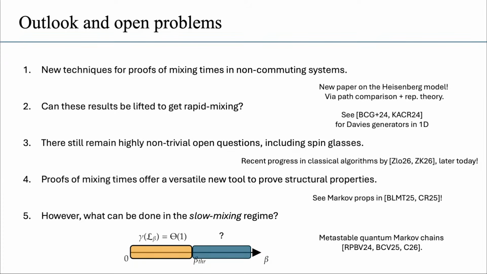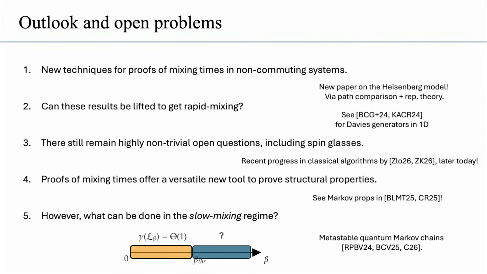The example of which we saw today was the decay of correlations in 1D systems, which had been open for a while. But also, Anthony and Ewan have some very nice papers on proving Markov properties for Gibbs states, which was also open for a while and was proven using dynamical arguments.